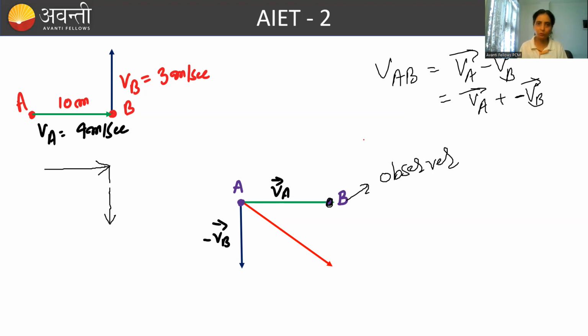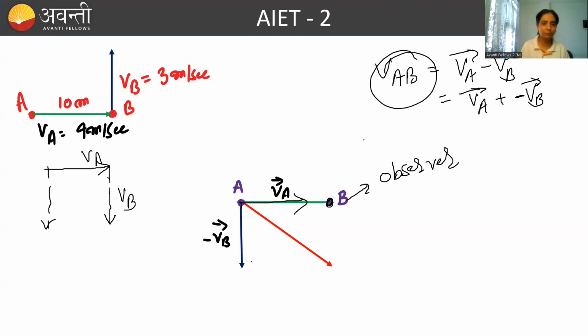We have to add these two vectors for getting VAB. Again, vector can be translated parallelly. इसलिए मैंने VB को क्या किया, यहाँ से उठाकर यहाँ रख दिया. Same thing I have done. So VA is in this sense, VB is in this sense, and their resultant will be this. So actually, if B is observer relatively at rest, then we will see that A is going along this direction. Okay, this is the meaning of VAB.